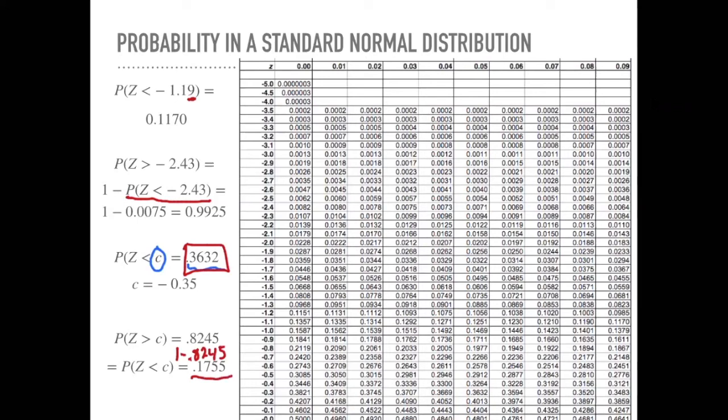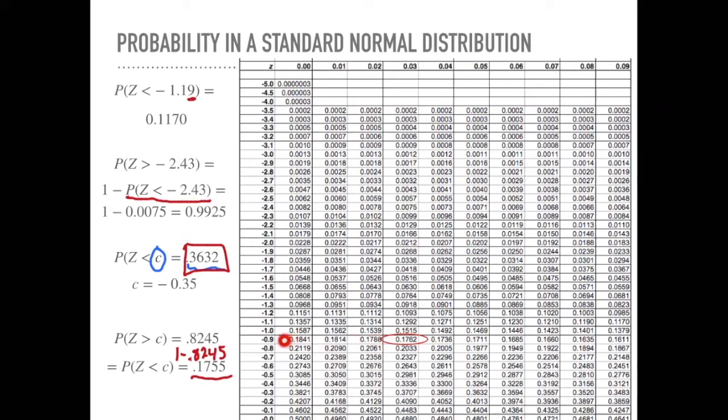So now we've got to get the closest thing to 0.1755. So looking for 0.1755. Now, we can't find exactly that, but we found something really close, right? We were able to find 0.1762. That's the closest thing we were able to see.